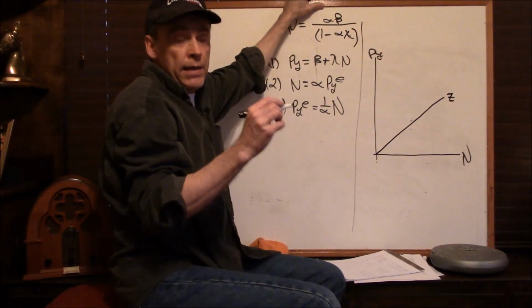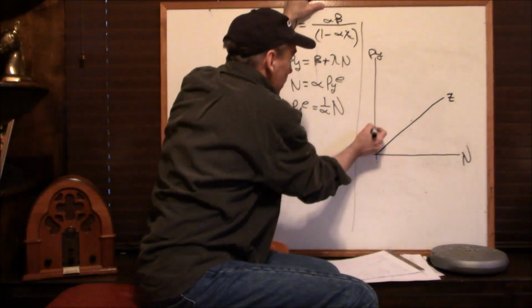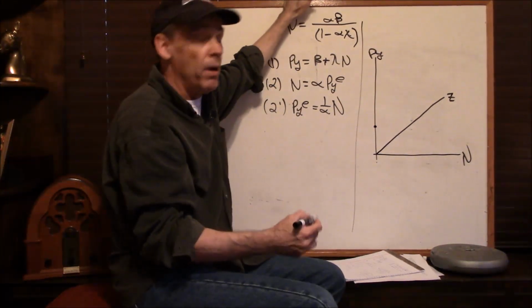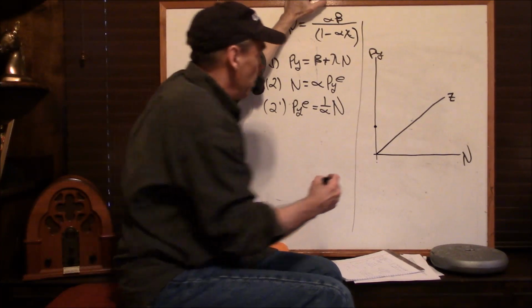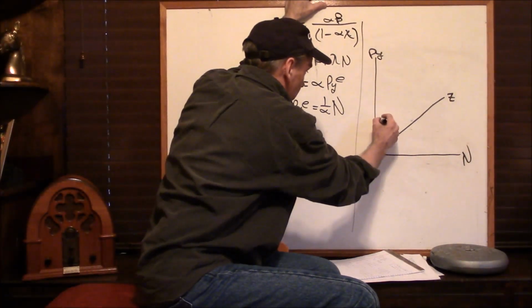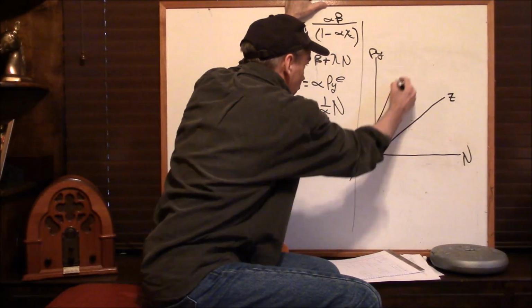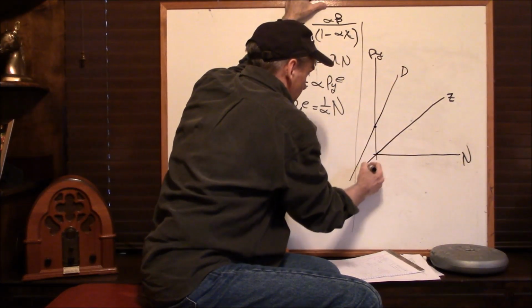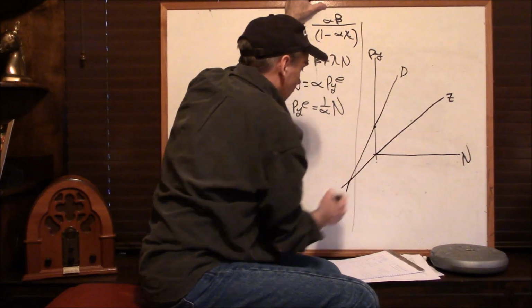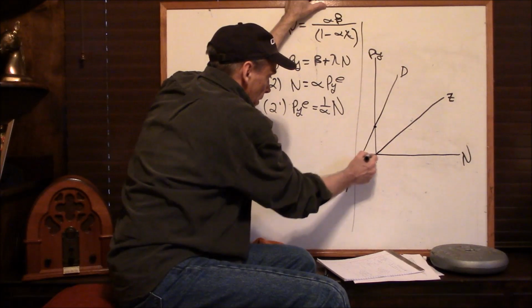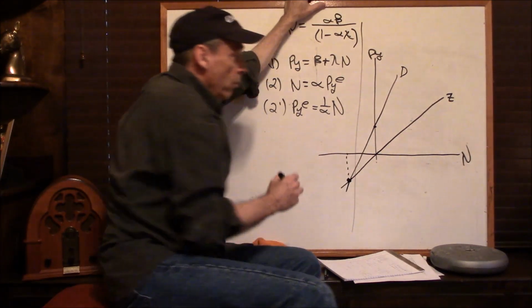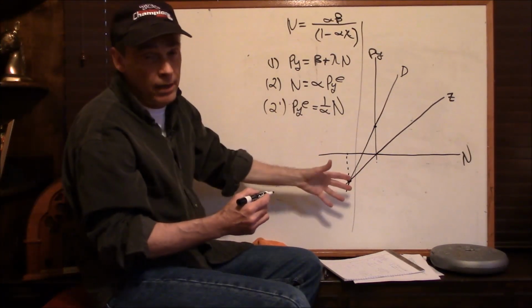There's the Z curve. Now remember, the demand curve is going to have a positive intercept. Investment is logically going to be some positive number. Aha! We have a solution for n, but it's a negative number.